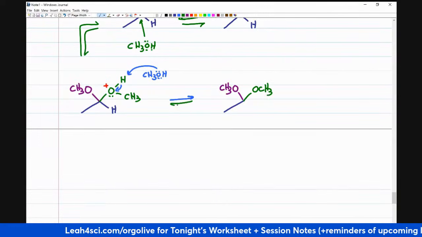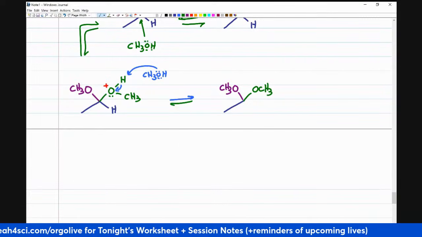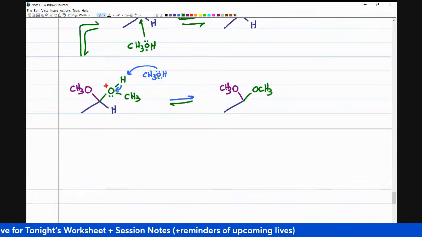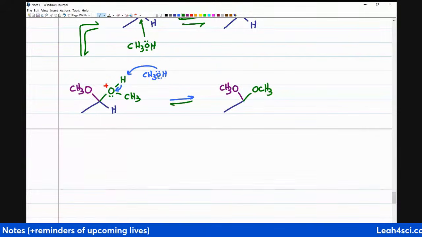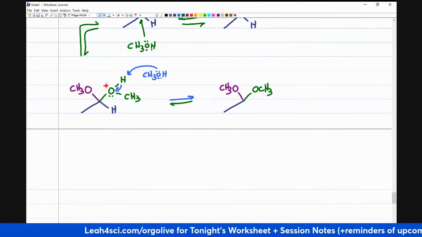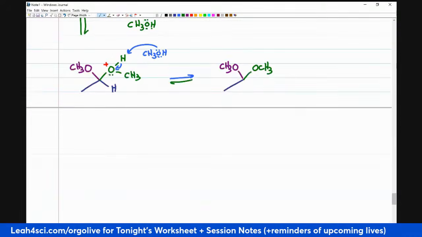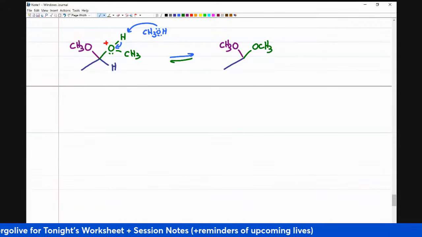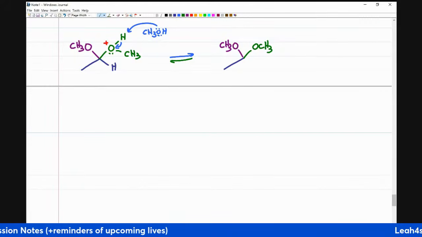And again, reversible. Okay, that seemed like a whole lot of to do, but what is the point of an acetal? Why do we even need it? Do you know? There are a lot of reactions that will attack a carbonyl, as we're actively seeing.